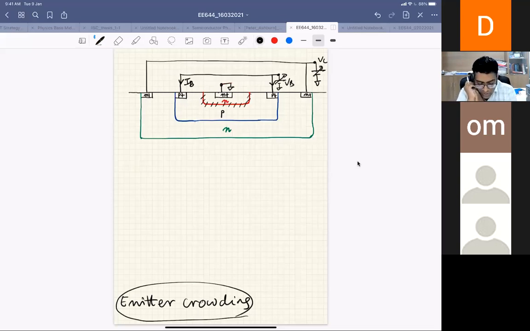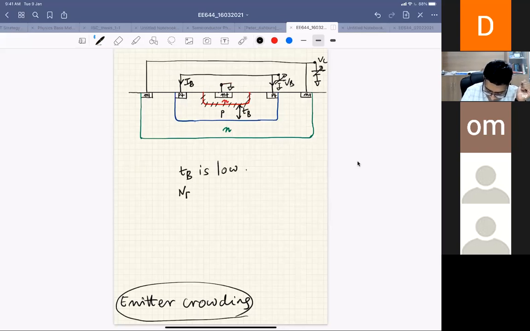So the base current is going in, so I have a finite resistance because my base width is not very large. This is my base thickness. So TB, the base thickness, is low.